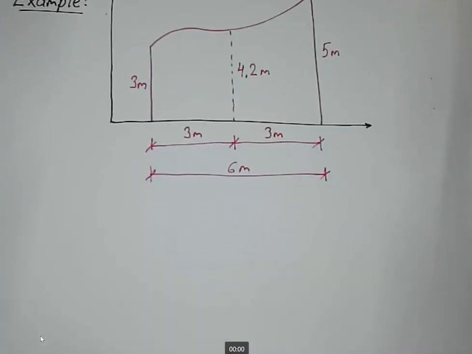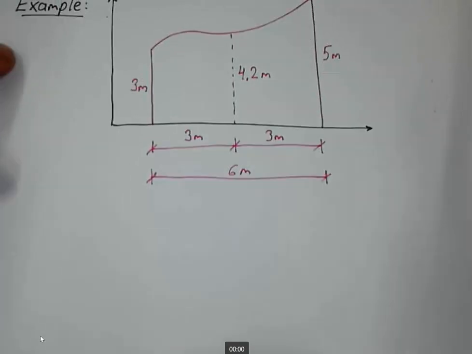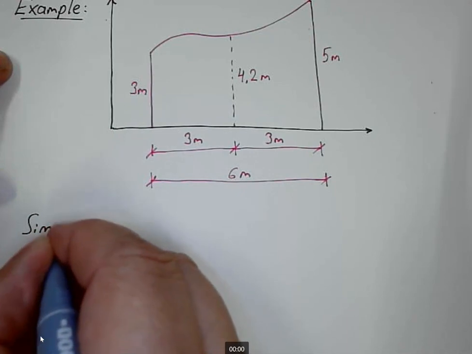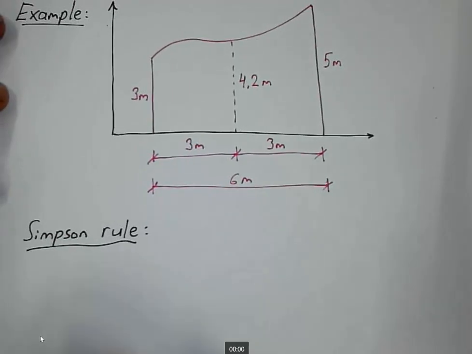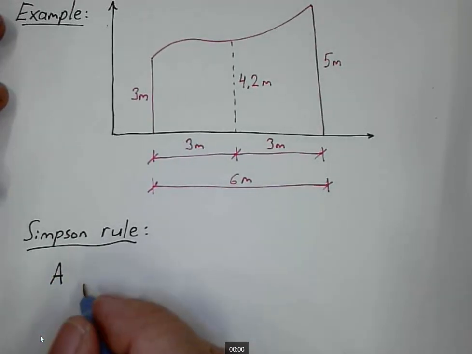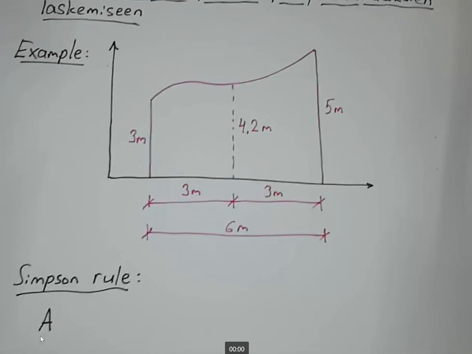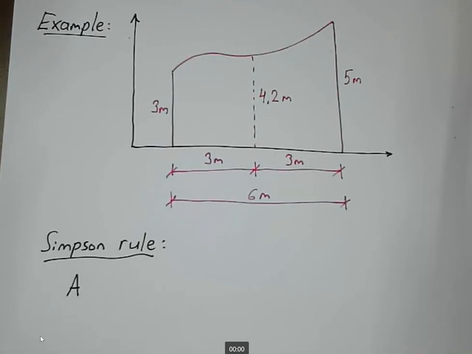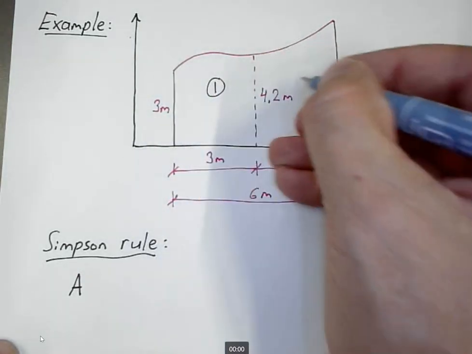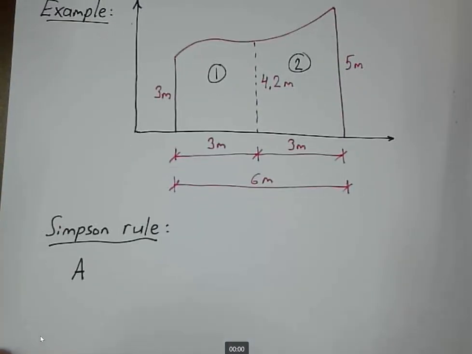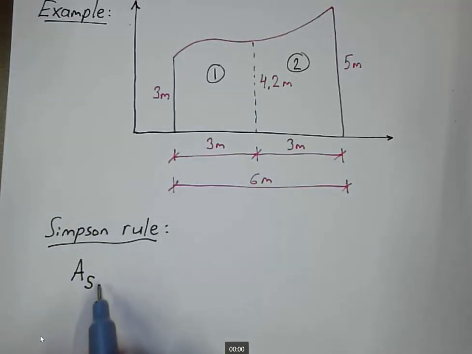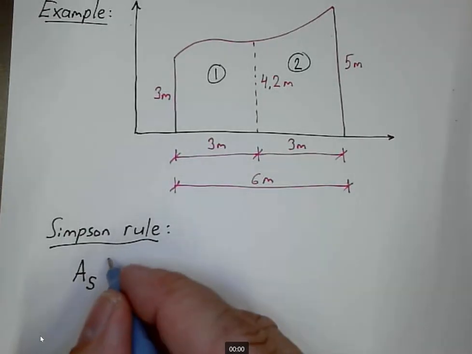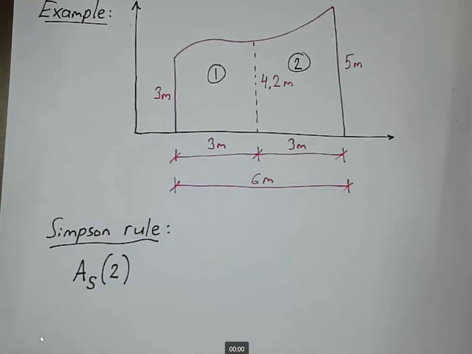And the formula for this area, the Simpson rule, or rule of Simpson, I will first write in this example so that we have only 2 parts of the area, 1 and 2. And the notation for this is S like Simpson, and there are two parts there.